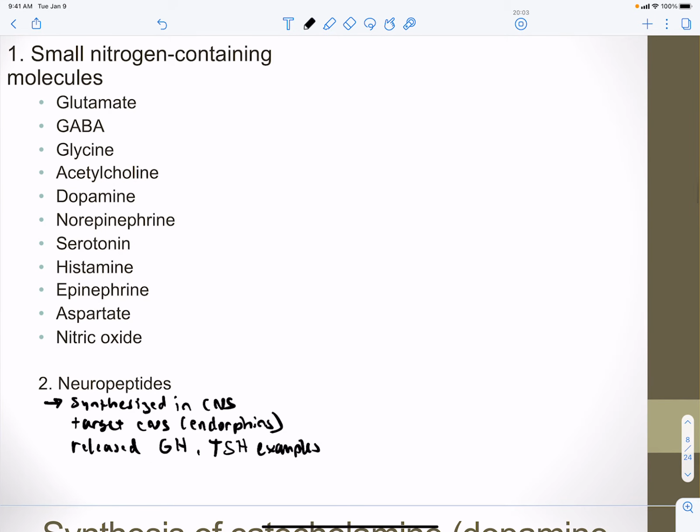So with respect to our small nitrogen-containing transmitters, most are going to be synthesized from amino acids, or intermediates of glycolysis and TCA cycle.